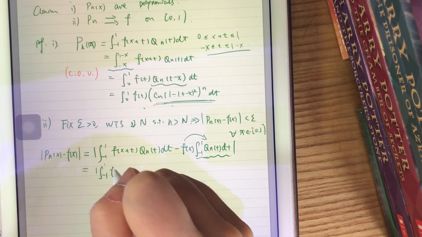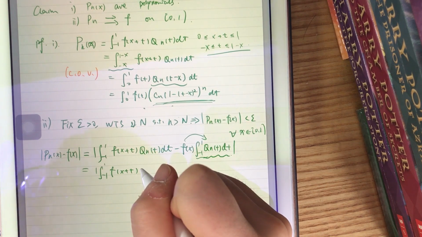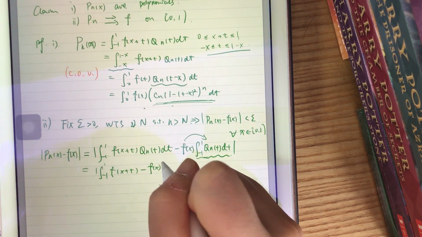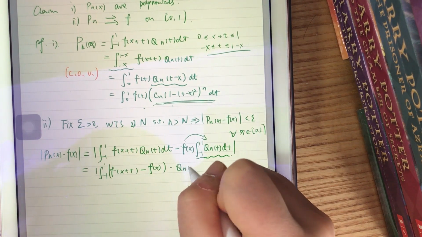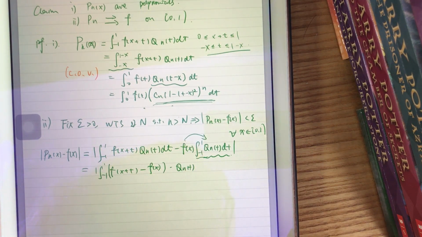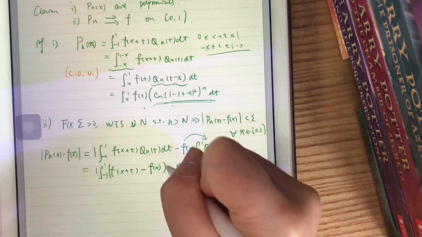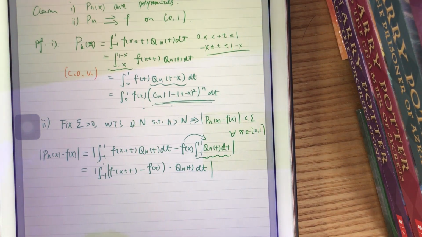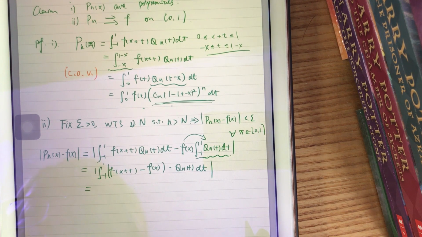So what we got is the integral of f(x plus t) minus f(x), times qn(t), dt. And since f(x) is continuous, right?